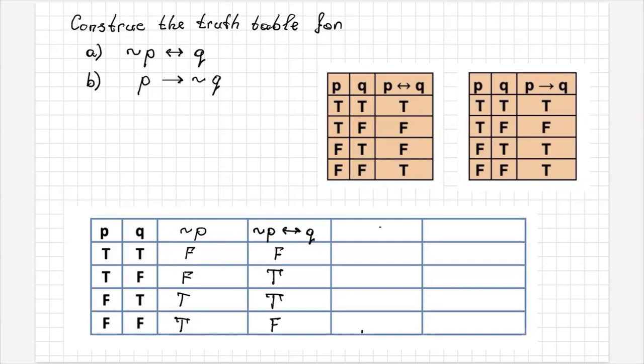What about the second expression? Looking at the second expression here, we see that it's based on P and the negation of Q. So we need a column for the negation of Q to get the values of this expression. I'm going to write negation of Q here, and then I will put my expression next to it.